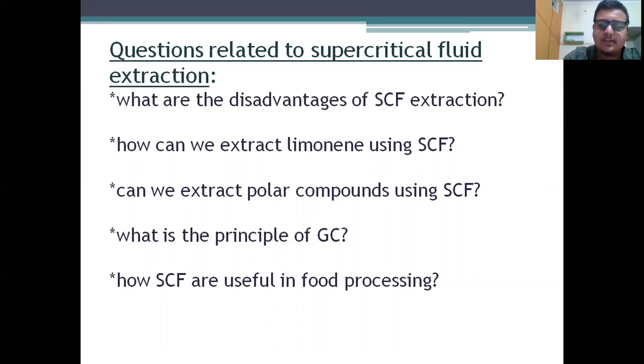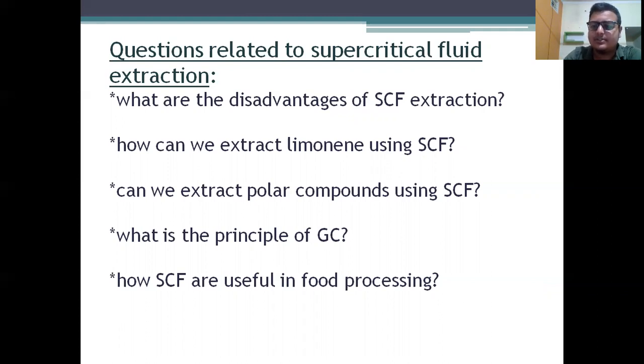So, coming to the next question, can we extract the polar components using supercritical fluids? The answer is again yes. We can extract the polar compounds using supercritical fluids. But for extraction of polar compounds, the supercritical fluids are not the best suited method.